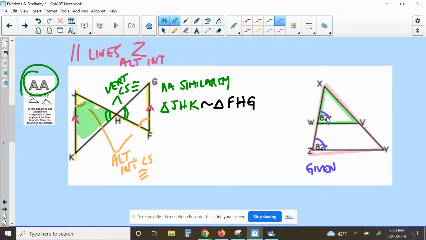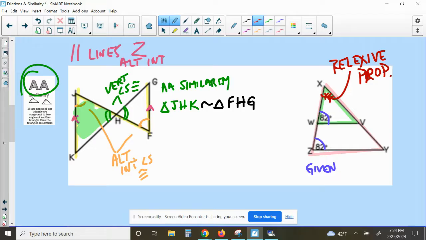Okay, so far we have an A, right? This A right here that's given. But if you look at the top here, let's talk about this angle up here. Do you see how that angle is a part of the green triangle, and it's also a part of the pink triangle? So this angle up here is the reflexive property, because something is always congruent to itself, right?